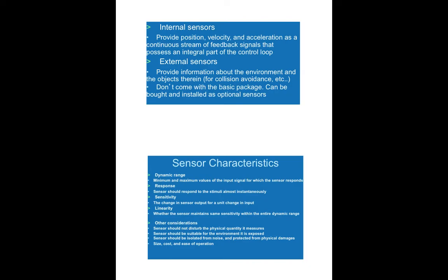If you give, for example, 0.2 volt as an input, the sensor should measure that 0.2 volt. That is the minimum value, and the maximum value is the maximum with which a sensor can withstand, maybe 220 volt or 225 volt, whatever it may be. So you understand the range of values to see how the system is responding.